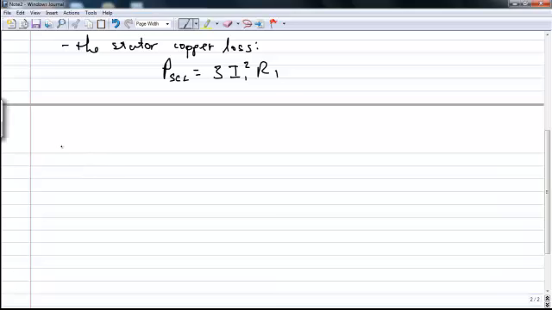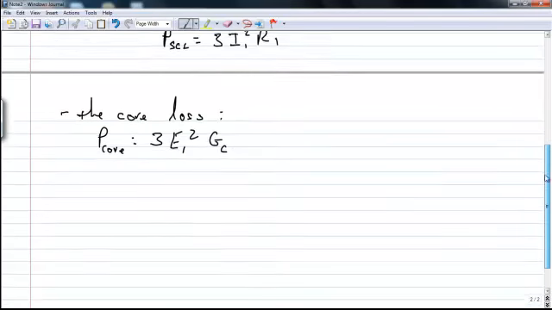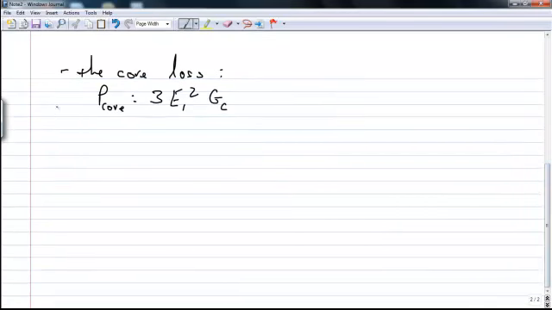The core loss, let's say P core, equal to 3 E1 squared G sub C. And so now we can write an expression for the power in the air gap.